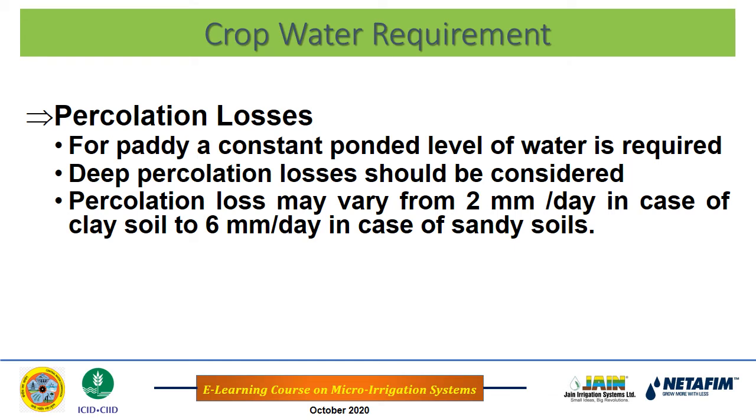But for providing irrigation to maintain this ponded level, we need to have some provision. Generally there is a variation of 2 mm per day to 6 mm per day based on whether it is a clay soil or sandy soil or whatever type of soil. So wherever the soil permeability comes into play, we need to assess what kind of percolation losses we need to consider.